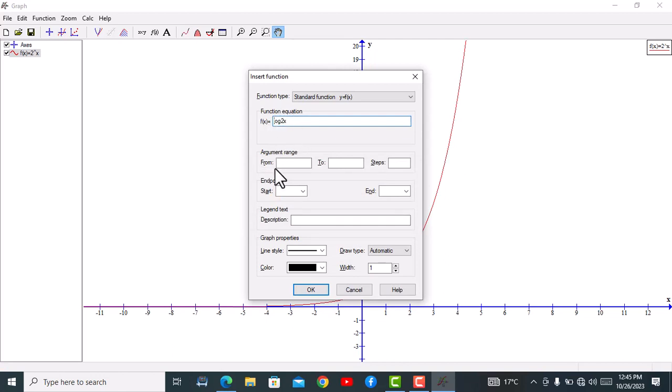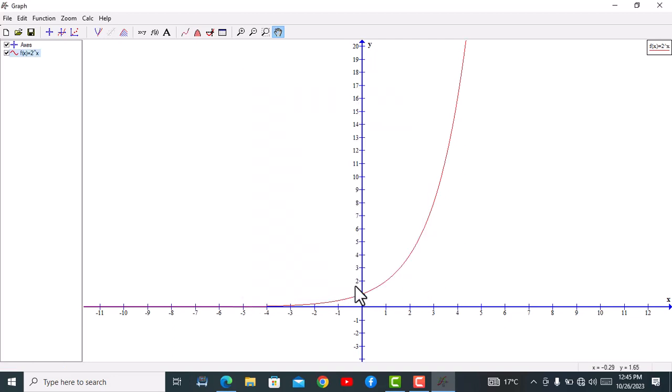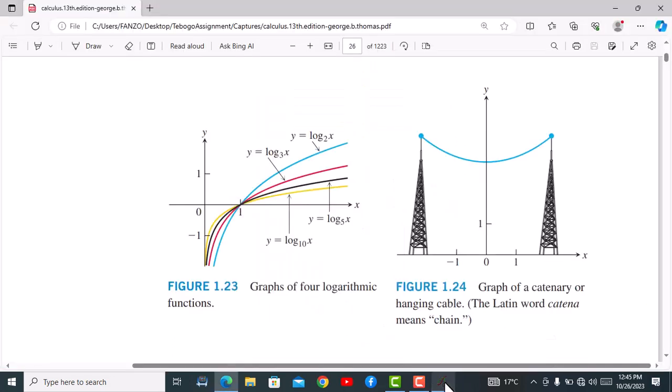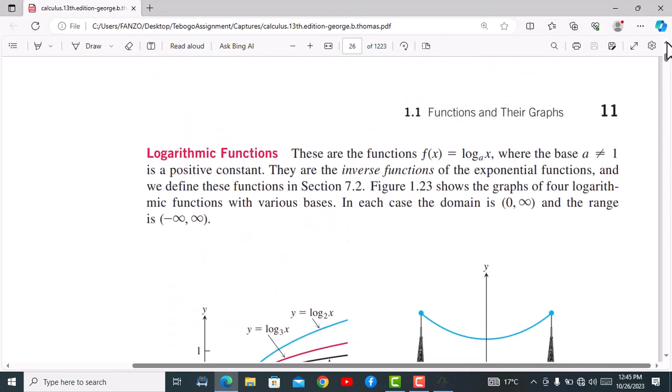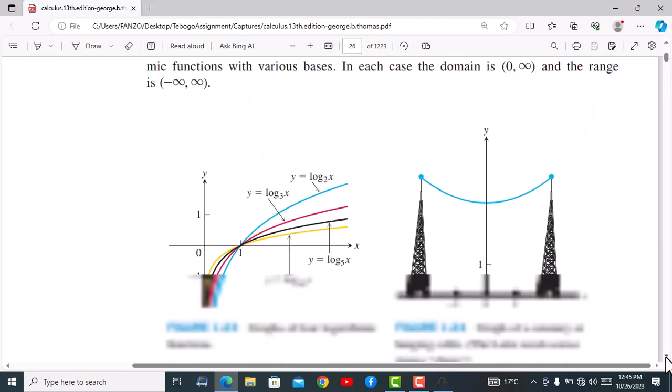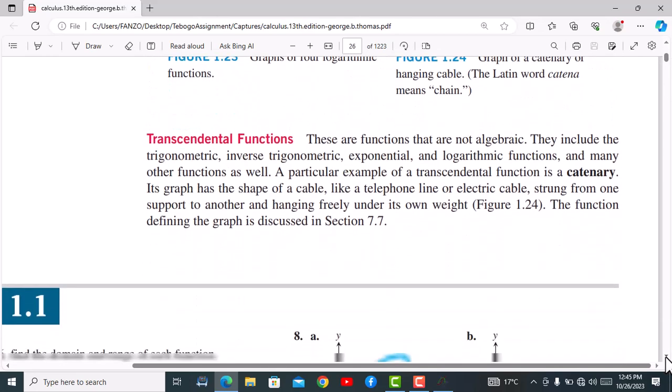We are having a problem here, because I don't think it will allow me to do that. Okay, let me just leave it. It will not. But we just have to know that they are the inverse of the exponential function, and that is fine.